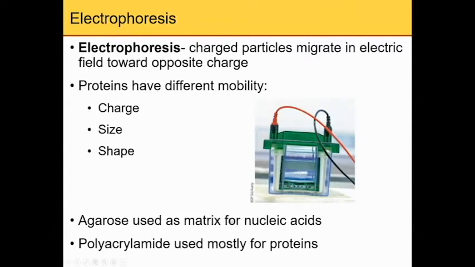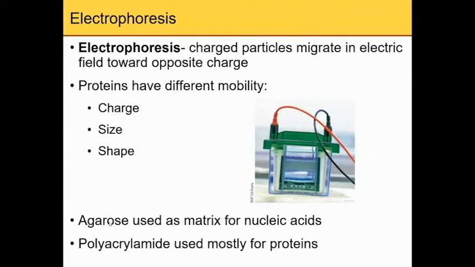And just to remind you that the agarose gel normally is used for nucleic acid separation. And the polyacrylamide gel, the SDS polyacrylamide gel, is for protein, although sometimes we can use that to separate DNA as well.